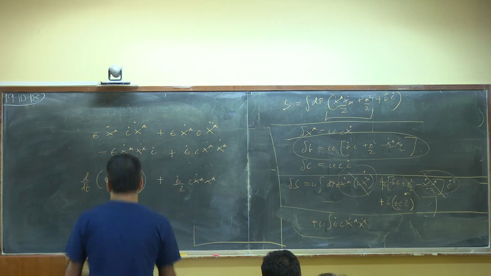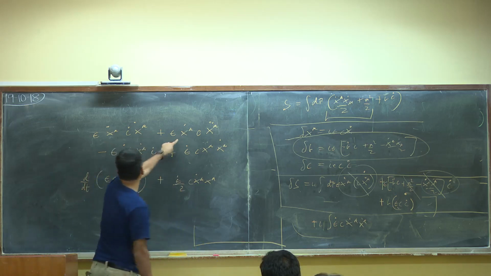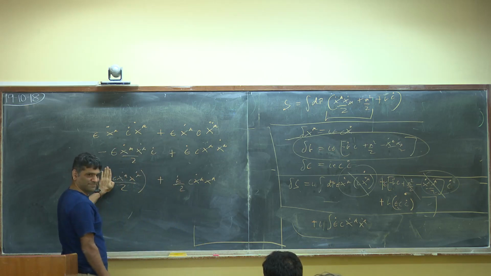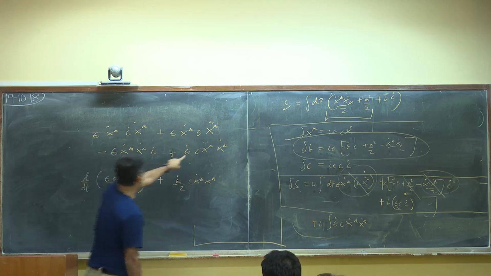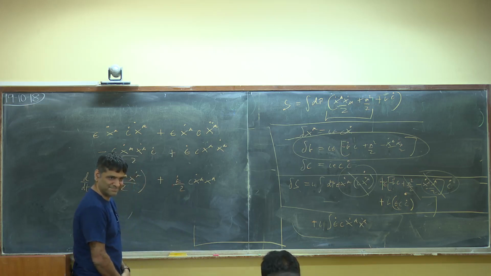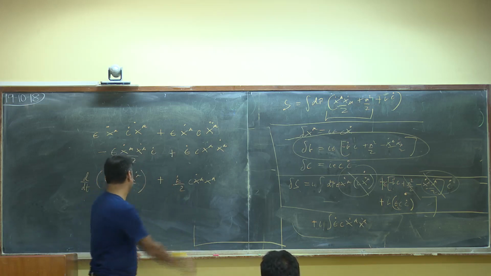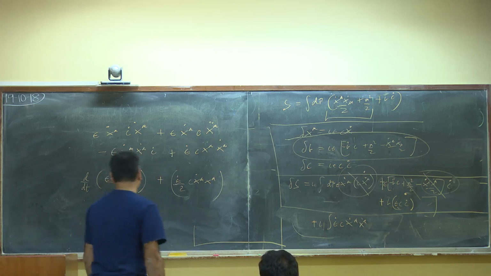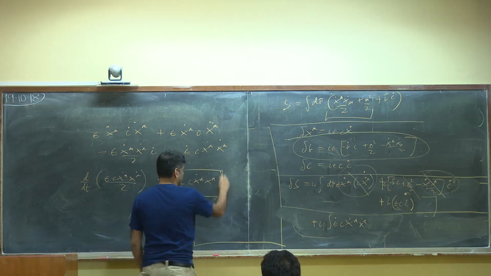Okay, because these three terms, as we've seen before, are just the derivative of this, and then half of this term goes into this. Okay, so what remains is this. Okay, so this is part of what remains.